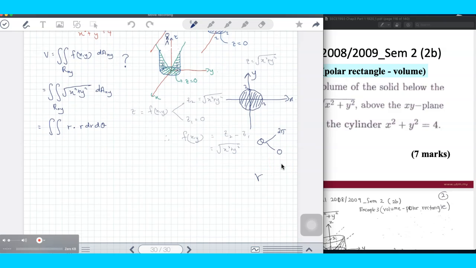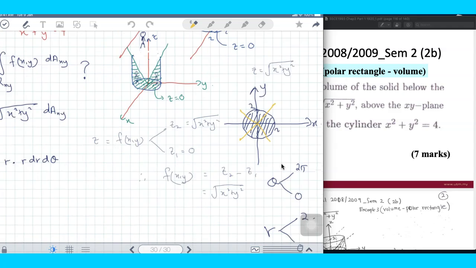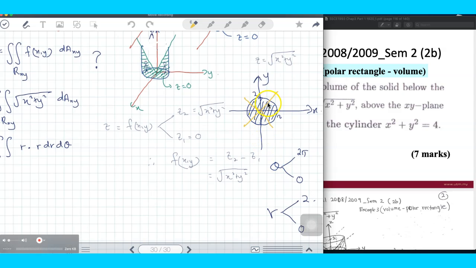And then your r is 0 to 2. How can we know the 0 to 2? We just draw a line in any quadrant. They all start from the origin and end up along this circle with radius 2. So that's why we have r from 0 to 2.